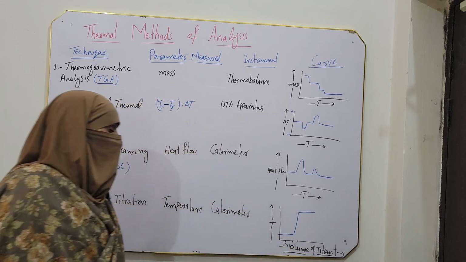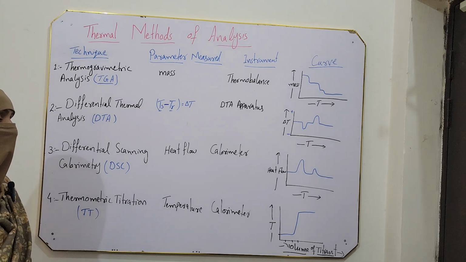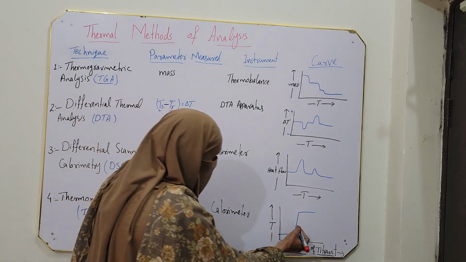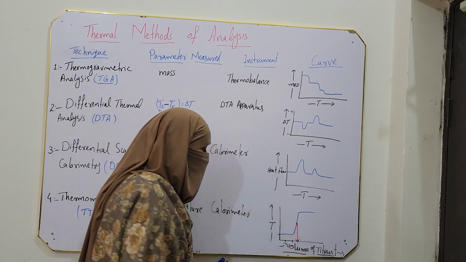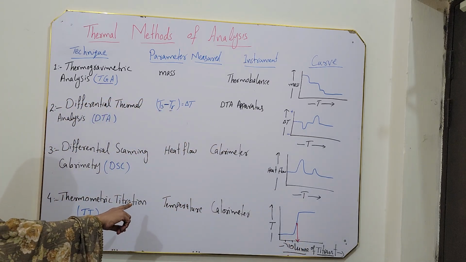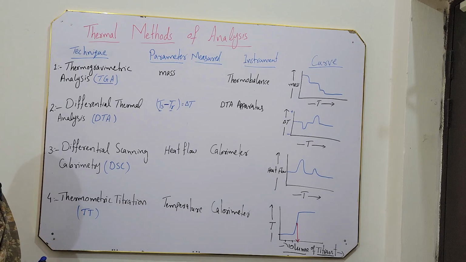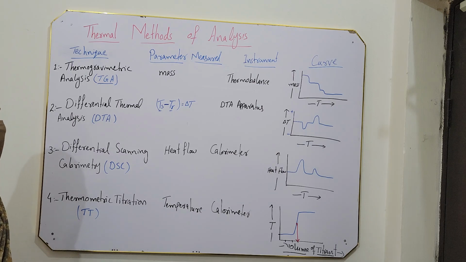Near the end point, a sudden change in temperature occurs, and this sudden change in temperature is used to check the end point. Volume is usually measured by using a different indicator, but here in thermometric titration we use temperature to measure the end point. So these are some basic thermal methods which are used in routine analysis.